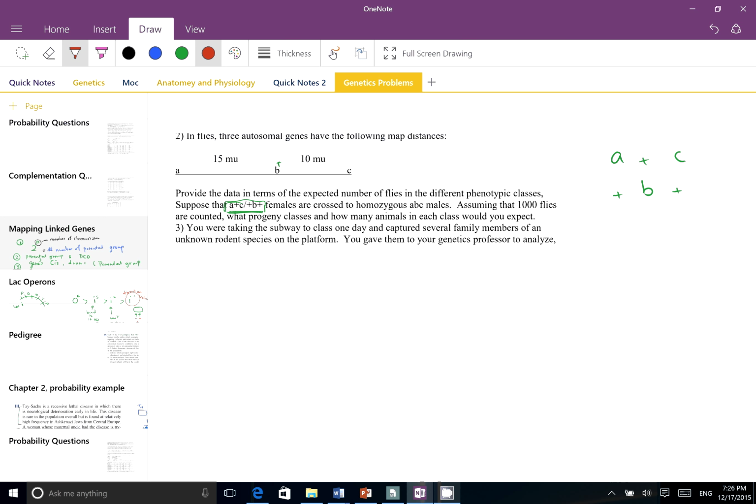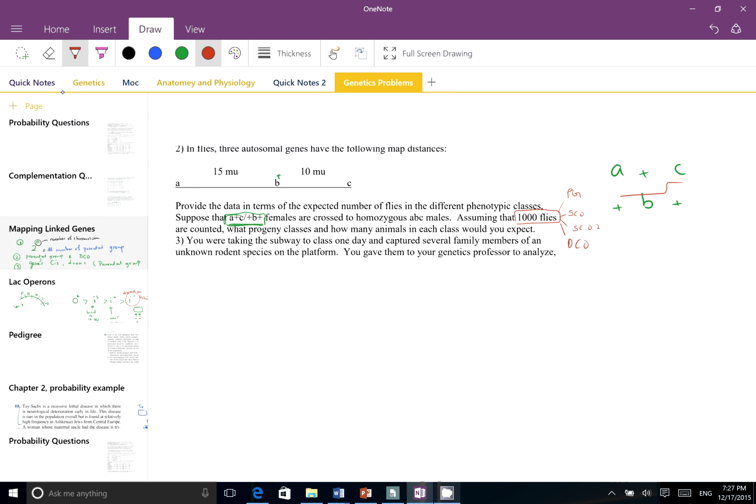So what they want you to find is, out of the 1,000, how many of them were parental groups, how many were double crossovers, and what are the numbers for single crossover 1, where A is the only one that crosses over, or single crossover 2, where it wasn't A that crossed over, it was C that crossed over.